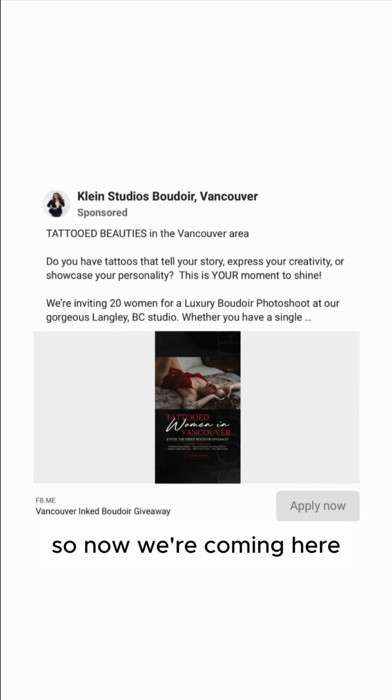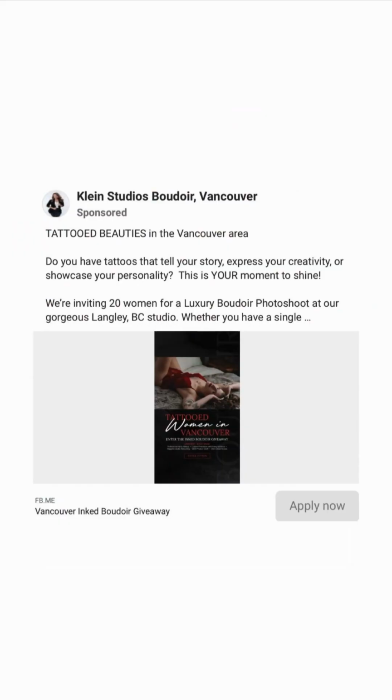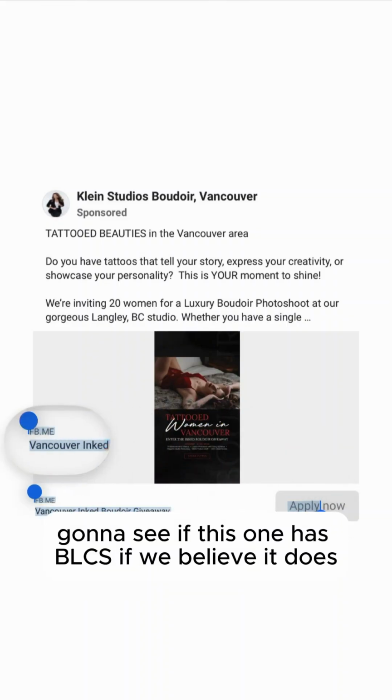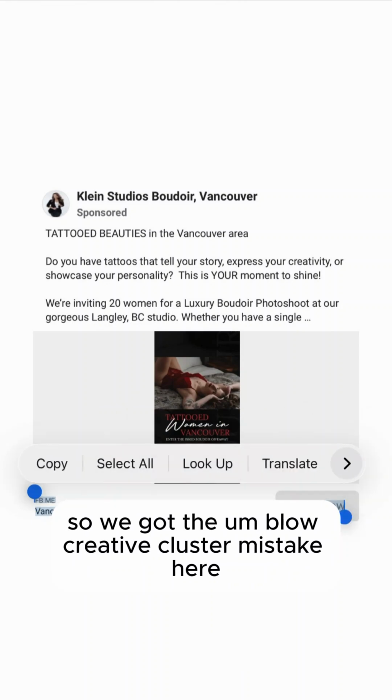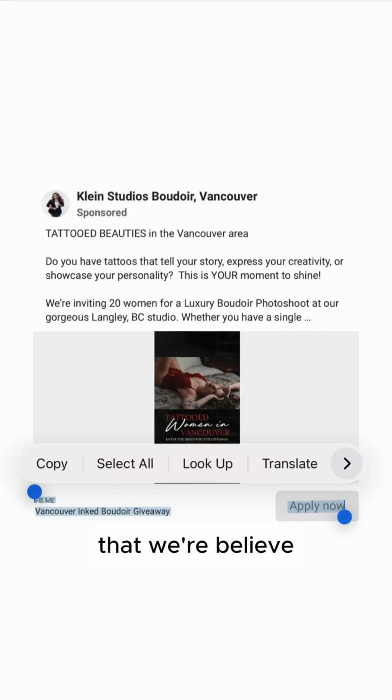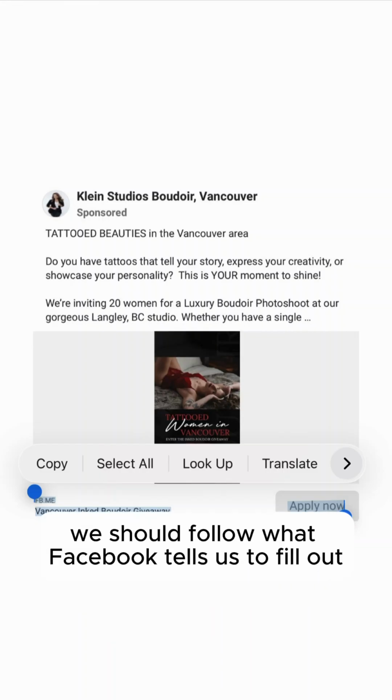So now we're coming here. Going to see if this one has BLCS, or if we believe it does. So we got the below creative cluster mistake here. The false belief that caused us to make this mistake is that we believe we should trust, we should follow what Facebook tells us to fill out.